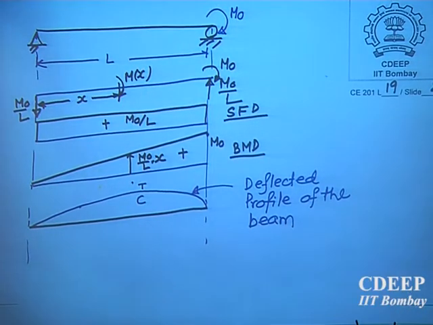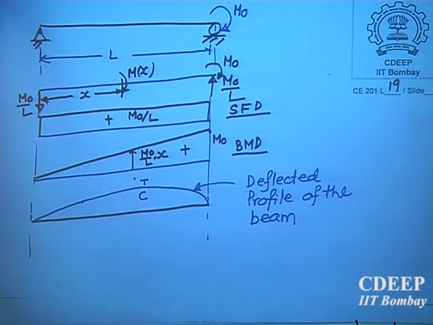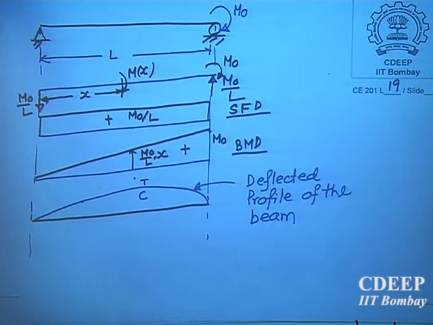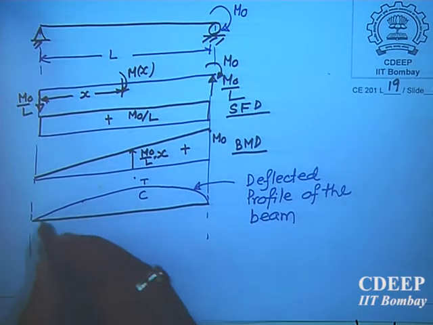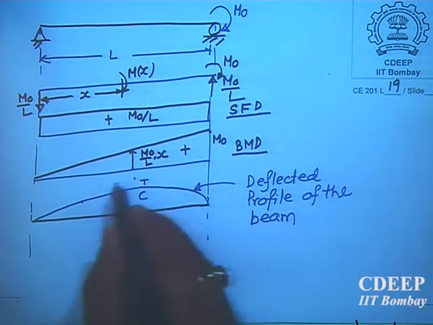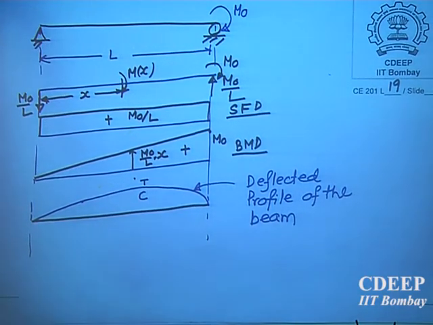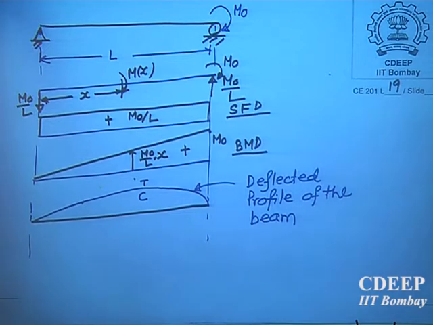So there is no change, there is no point of contraflexure here. In the previous case, there will be point of contraflexure, but there is none here, because see, the total tension is at the top. Point of contraflexure will come when tension from top becomes tension at the bottom.